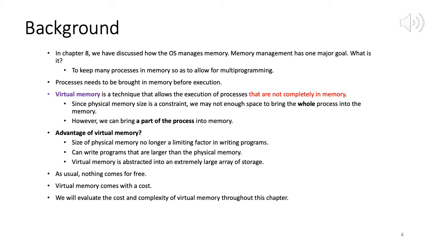Okay, so size of physical memory is no longer a limiting factor in writing programs, and you can see that is what is actually happening now with all this AI and animations and all that. The memory footprints are huge. So if you have a requirement that the whole process has to be brought in, you're going to have a tough time executing programs. So we can write programs that are larger than physical memory, right?